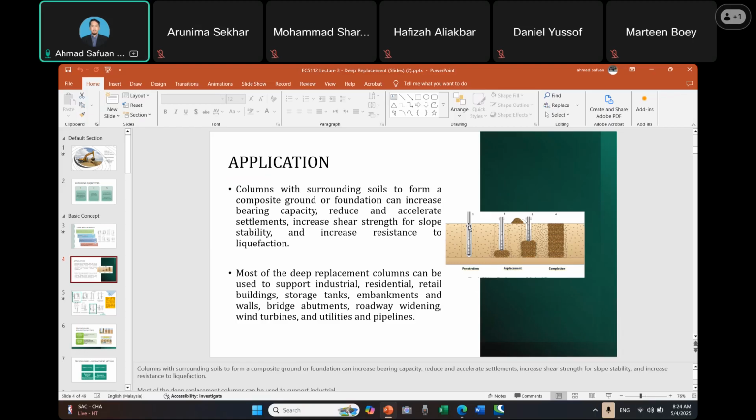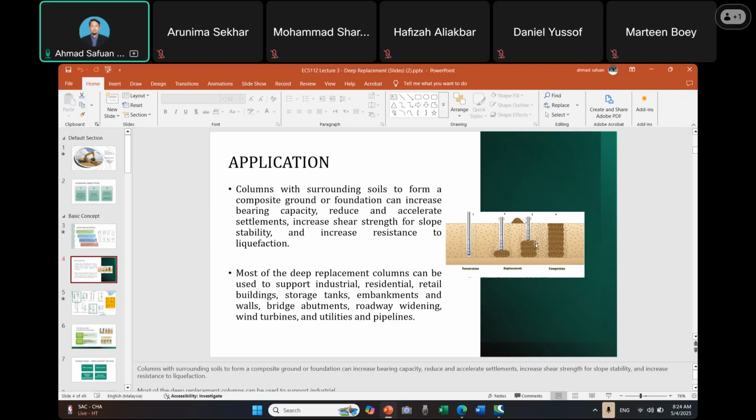During the installation, they use vibration methods. Why do they use the vibration method? The vibration method is used to densify the granular material to reach the desired density.